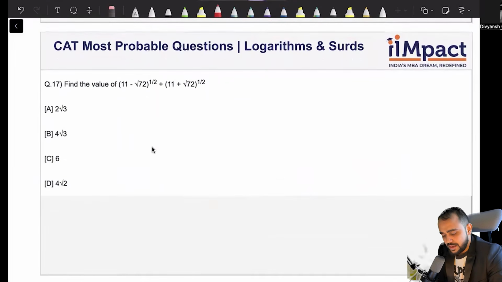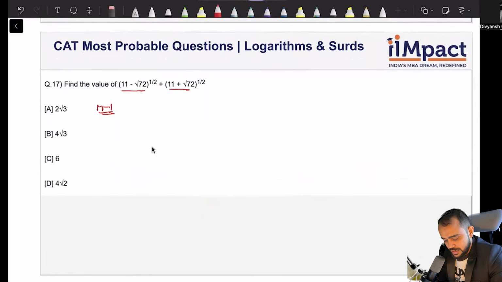So we have to find the value of 11 minus root 72 whole under root plus 11 plus root 72 whole under root. So couple of methods for this. First, the easier, more intuitive method is, let's figure out what these expressions are going to be.